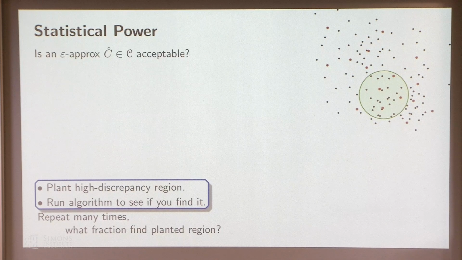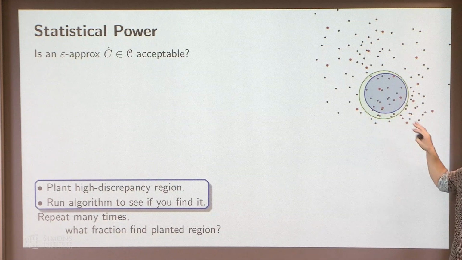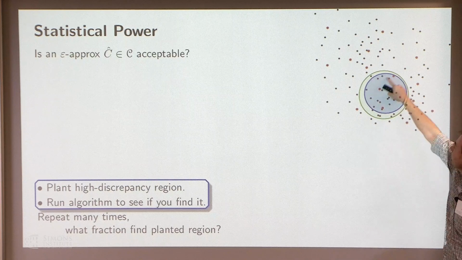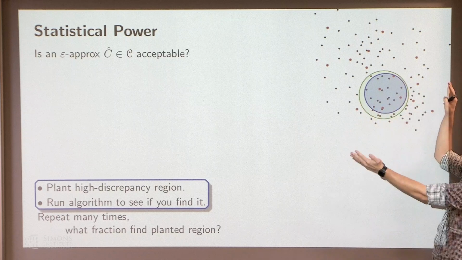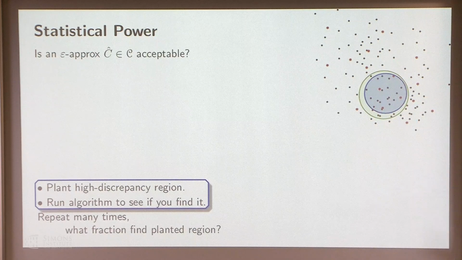And so one issue with measuring this is, even if you plant a region, the region you find might not be the planted region. I planted this, but the region I found did not go all the way out to the boundary. So there are various tricky things in how you evaluate whether you actually recovered the right region, but small Jaccard distance seems reasonable.